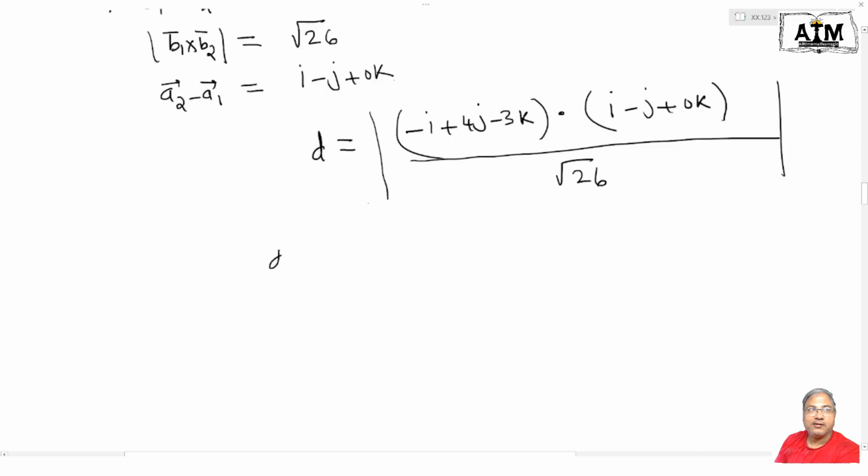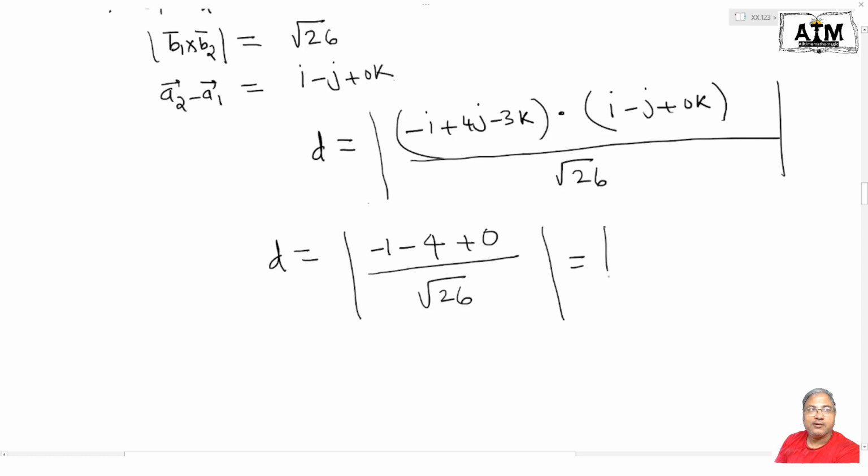Therefore, D equals the modulus of (minus 1 and minus 4 plus 0) divided by root 26. This equals the modulus of minus 5 upon root 26.